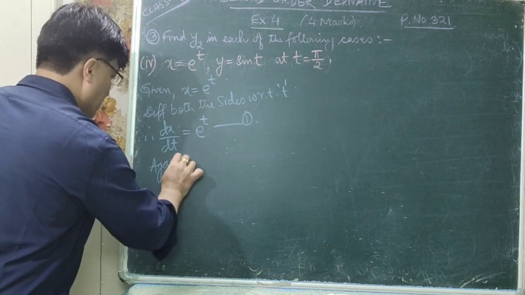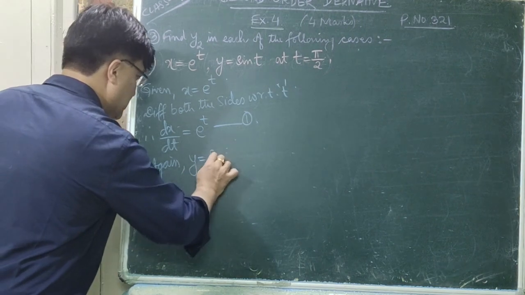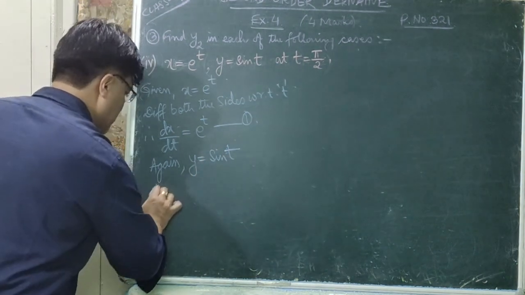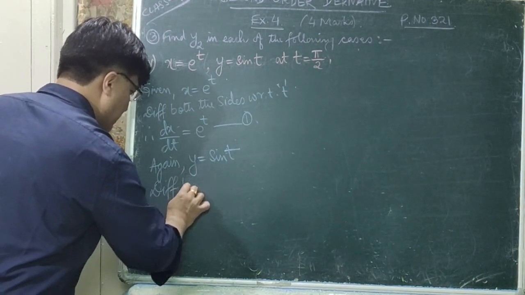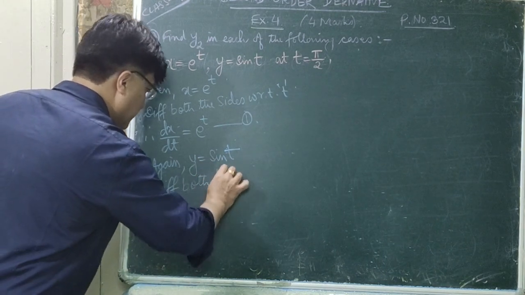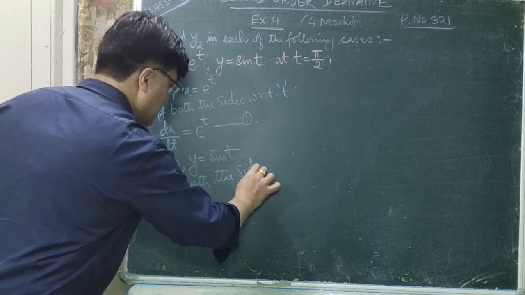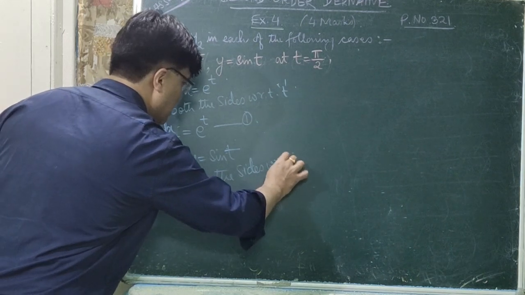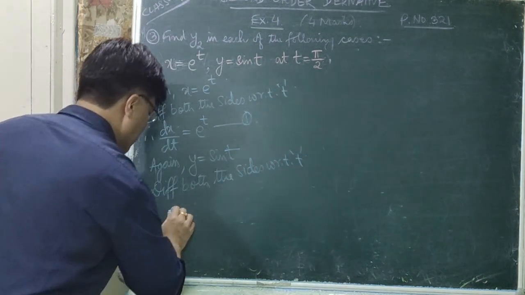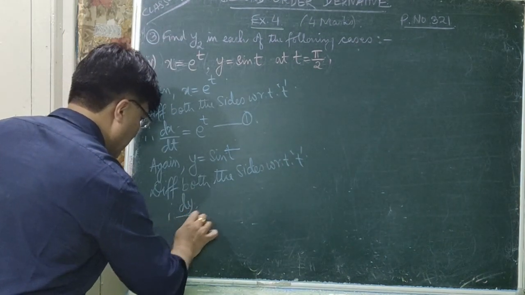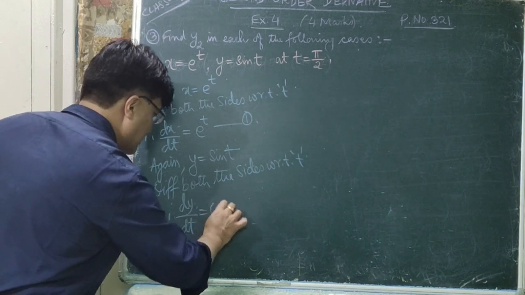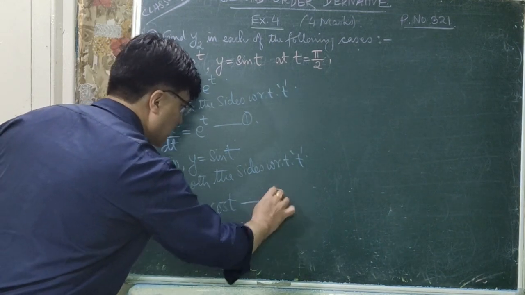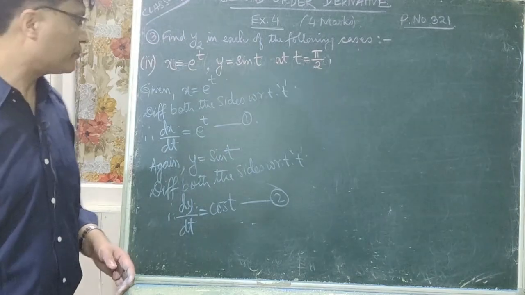Again y is equal to sine t. Now differentiating both the sides with respect to t. So therefore dy by dt is equal to sine t को differentiation कति भयो? That is your cos t.